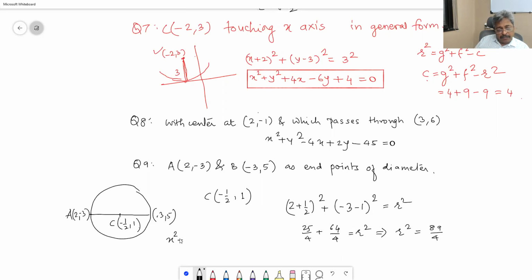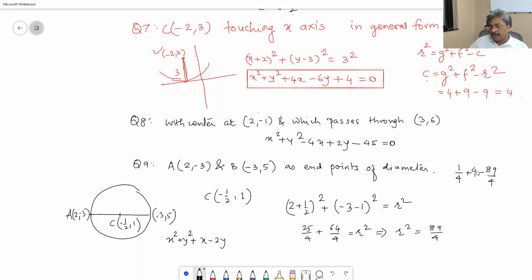x square plus y square. If it is minus here, then plus. This is minus g, so I want to write down 2gx, so plus x, minus 2y. And therefore, I am supposed to find out c using this formula now. So it is g square, that is 1 by 4, plus f square, that is 1, minus r square, that is 89 by 4.